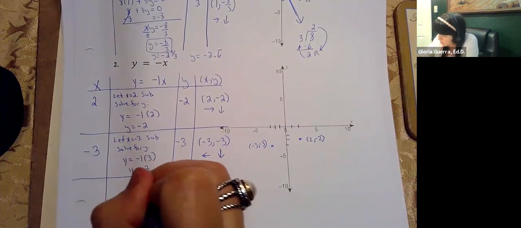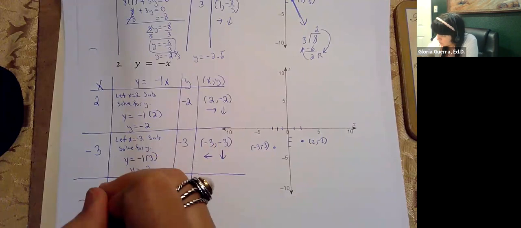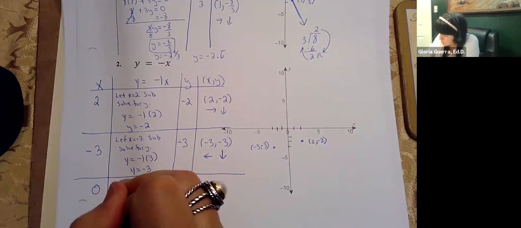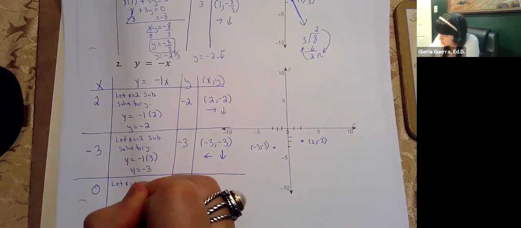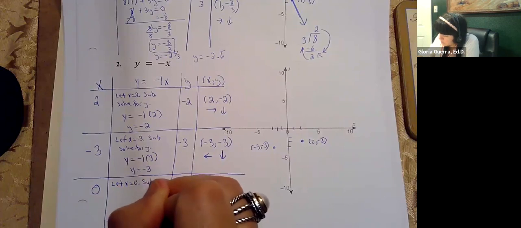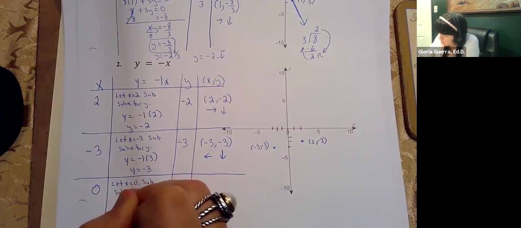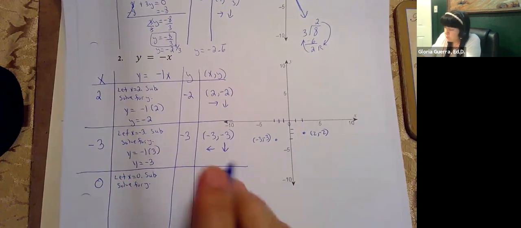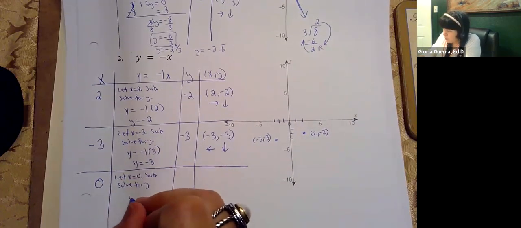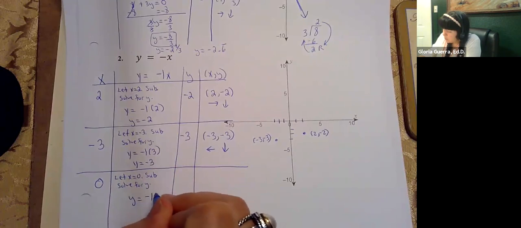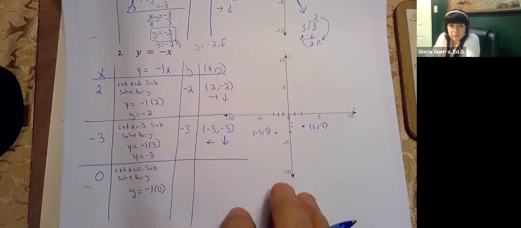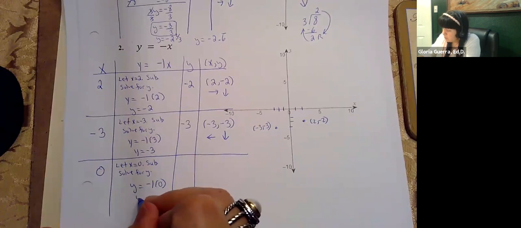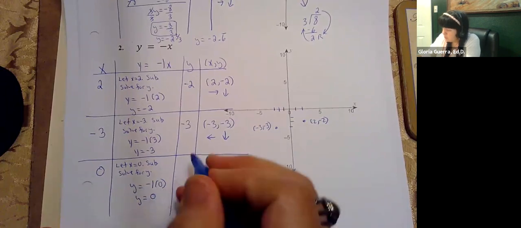Okay, and now I'm going to go to that 0. I'm going to let x equal 0, sub, and solve for y. So y is equal to -1 times 0, and -1 times 0 is 0.